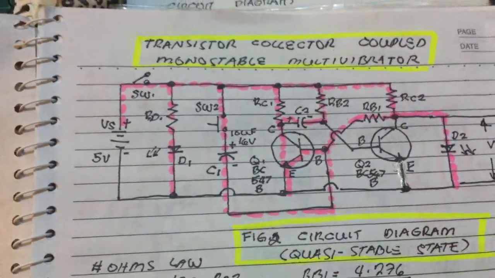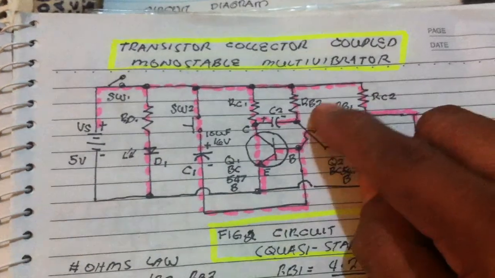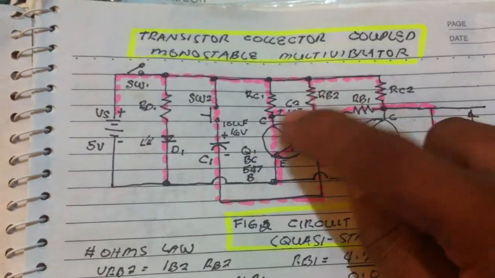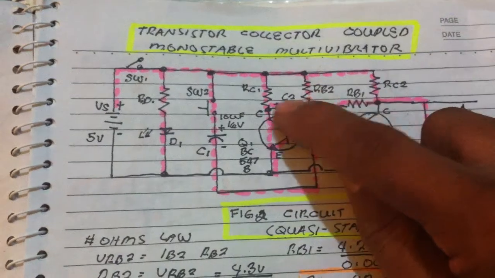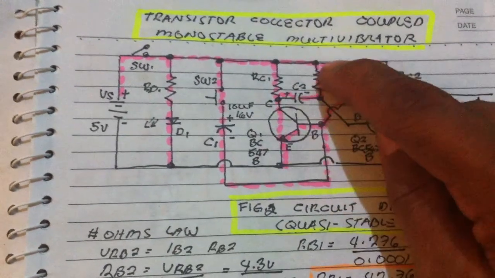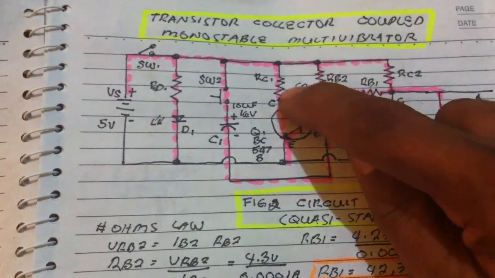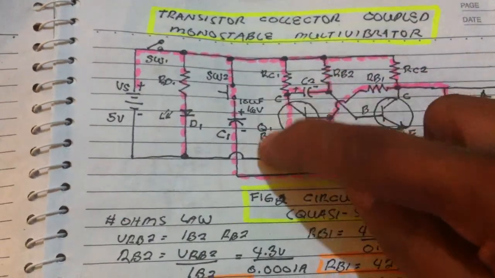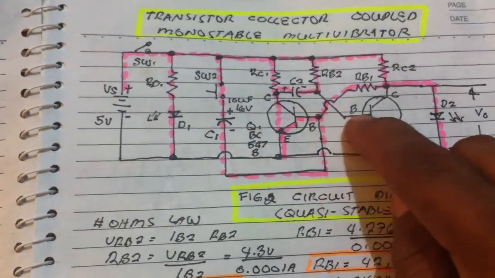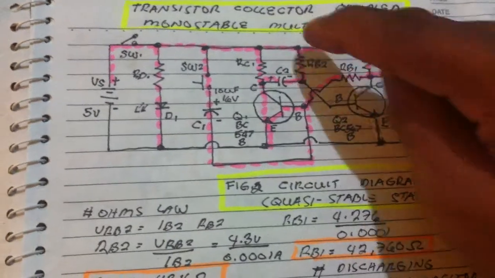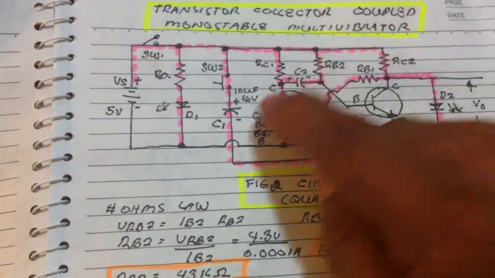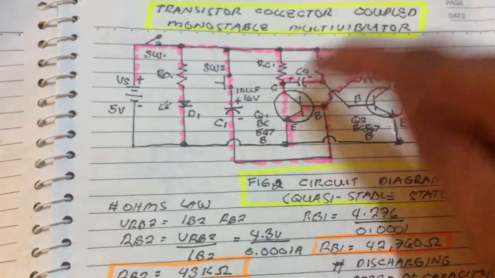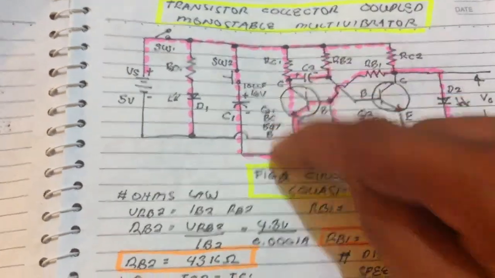With these two components, we can compute the speed of the discharging effect of the capacitor using this RC circuit. See, the discharging is happening here. That's why no current flows at the base of the second transistor, because upon applying the pulse, the discharging effect of the capacitor takes place.